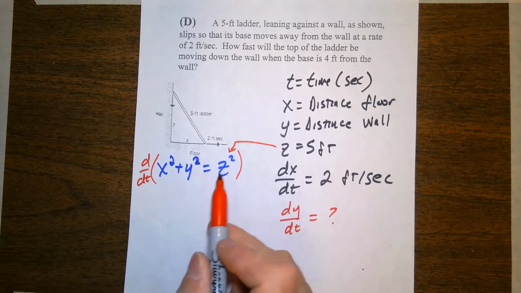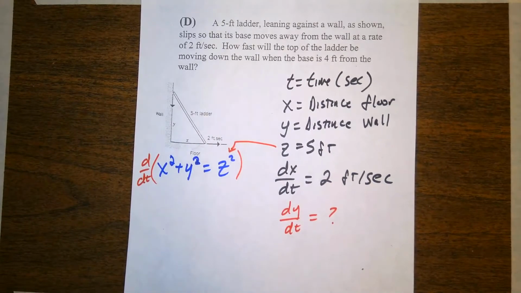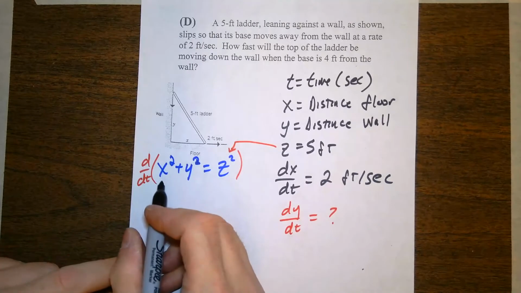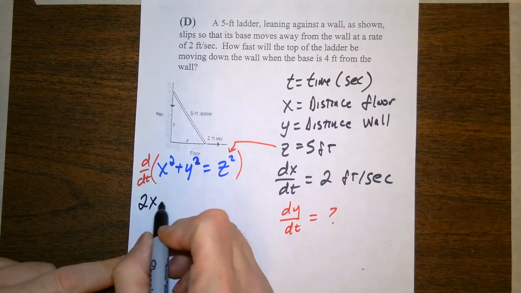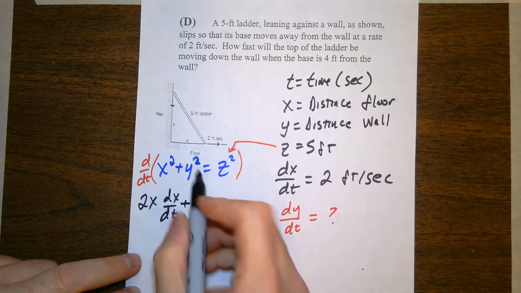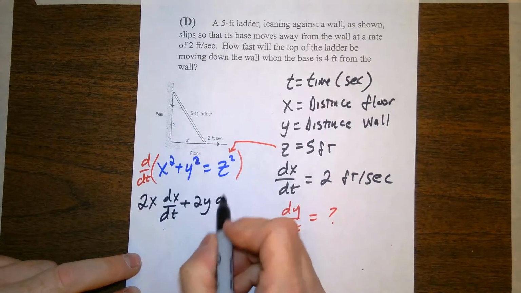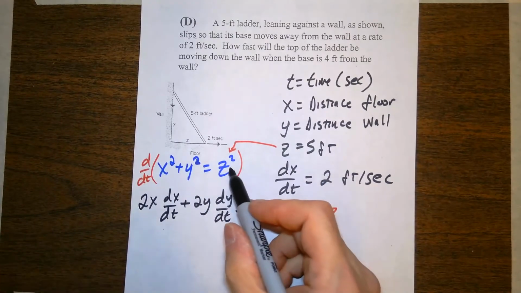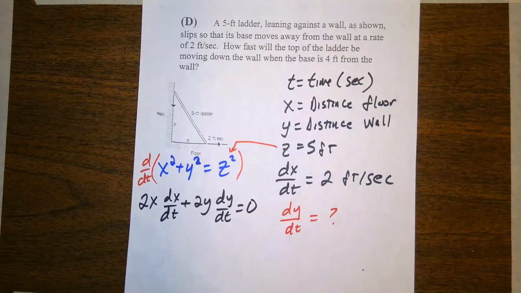When we take the derivative of it, what's going to happen? All right, so as we take the derivative with respect to time of x squared is going to be 2x dx dt plus 2y dy dt equals, the derivative of 25 is 0.